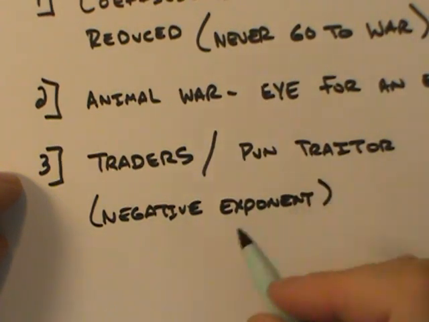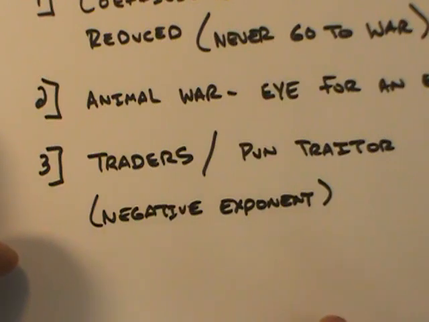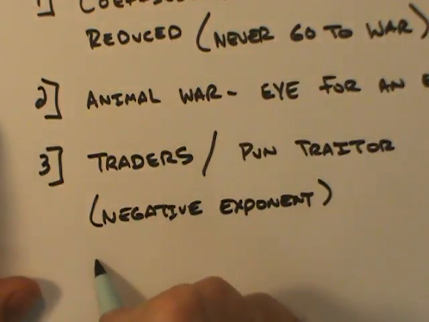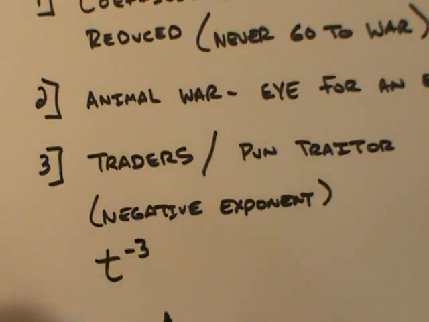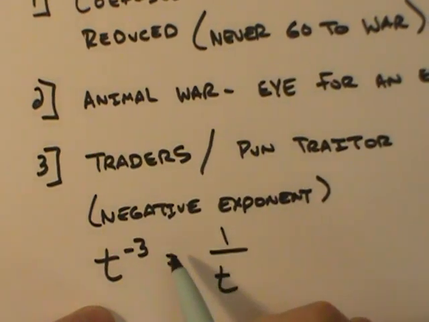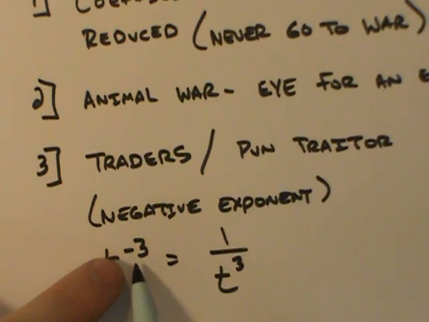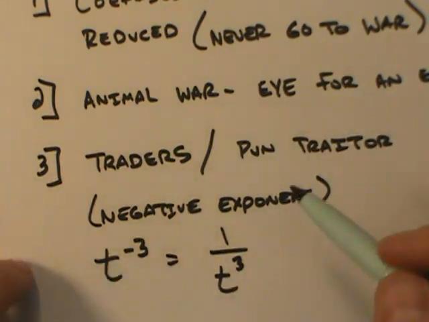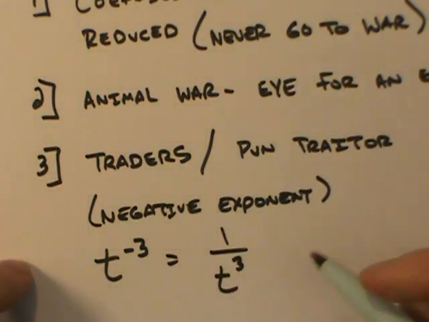And as I mentioned in a previous setup to these problems, if you have a t to the negative third, that negative exponent tells me that this t should not be a numerator, but rather it should be a denominator. So I have to drop it down and then make it a positive 3. A negative exponent is an indicator that you're on the wrong side of a fraction bar.